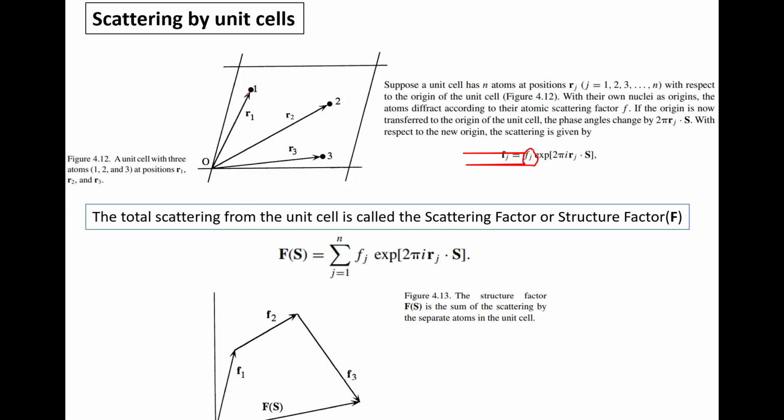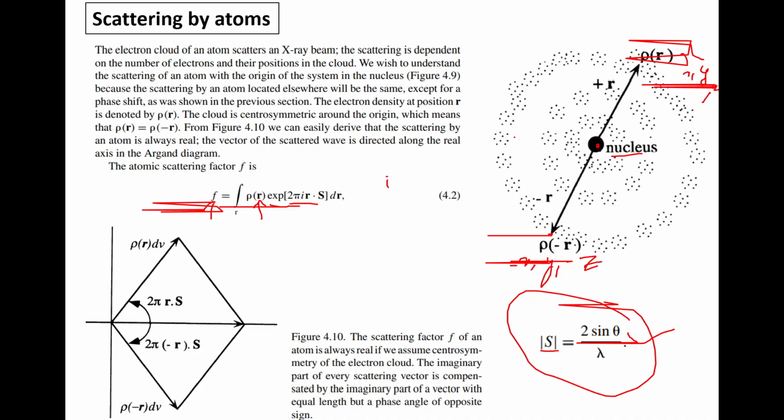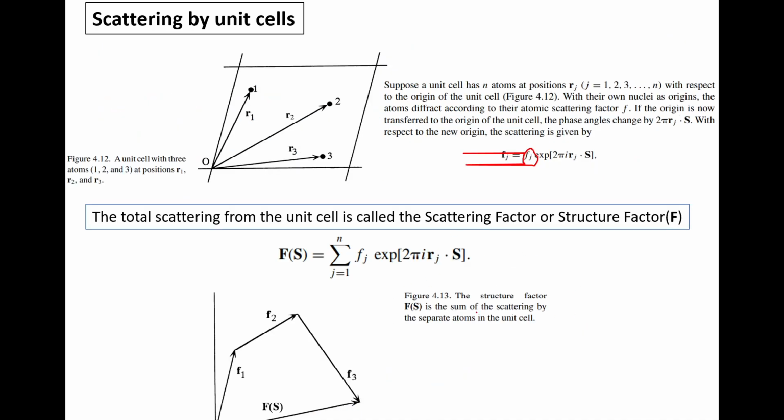So we need to take the individual atomic scattering factor, this f value of each atom, and relate one atom to another through the origin with the help of this phase, 2 pi i r_j. r_j is the distance of these atoms from the center. So this is your unit cell factor.